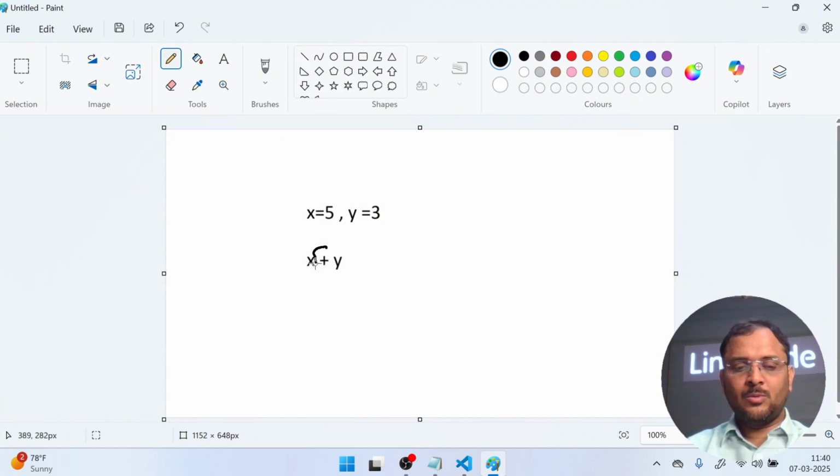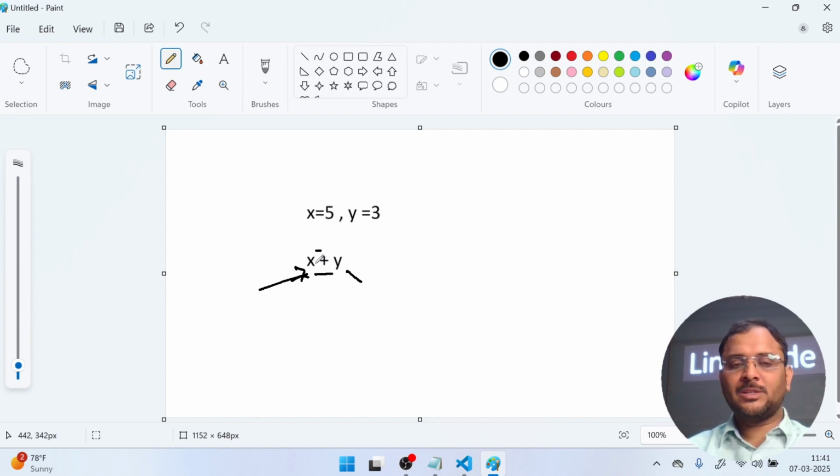This is called the operator, and this operator works with x and y. So x and y are the operands.